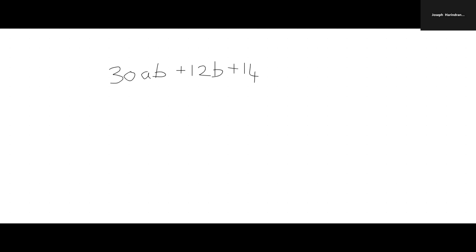Put a bracket now. This is a very important step, where you have to put the bracket. 24AB minus 10B, it should be minus 10B. We write minus 18A.